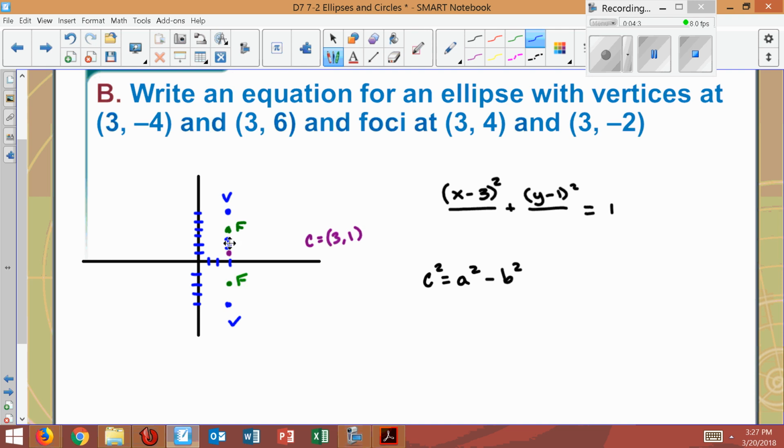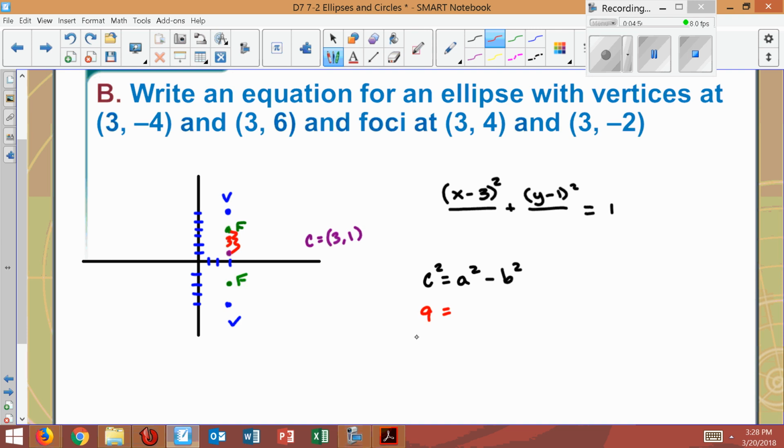Let me change this to red so you can see it easier. These are 3 units apart from there to there. So if this distance is 3, then c squared would be 9. It'd be 3 squared, which is 9.